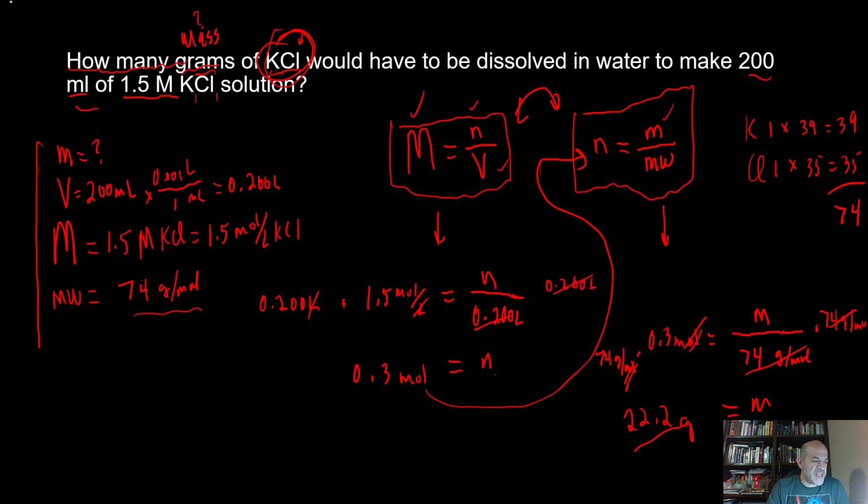So in the last segment, which was a little bit lengthy on molarity, I promised a shortcut for this kind of problem. In practice, a lot of times we need to figure out what the mass is that we need to make a certain molarity or concentration in moles per liter of a solution. It turns out that we can do this calculation very, very quickly if we just combine the two equations, okay?